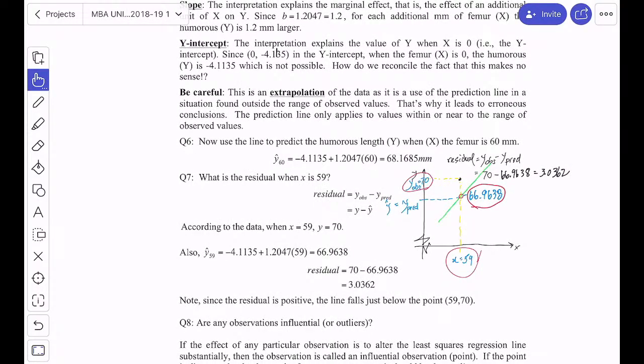So I'll just go through these questions and then we'll go on to the next unit. So these are the type of questions you should be able to answer.